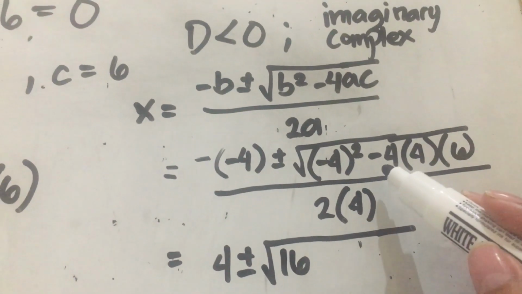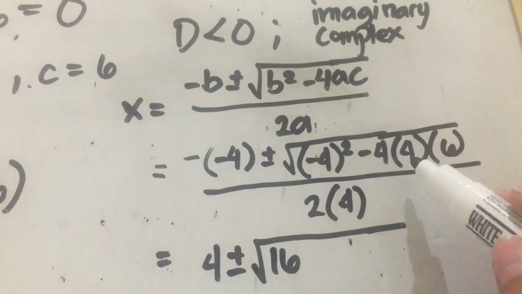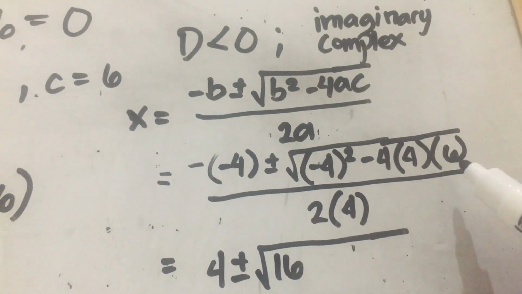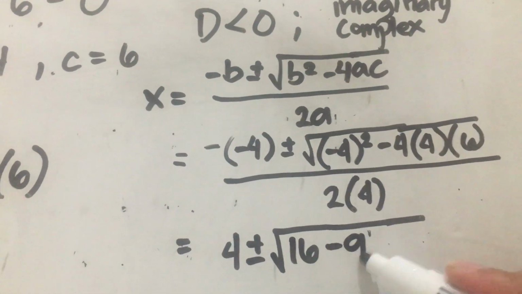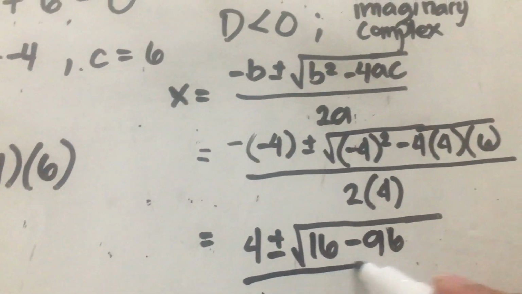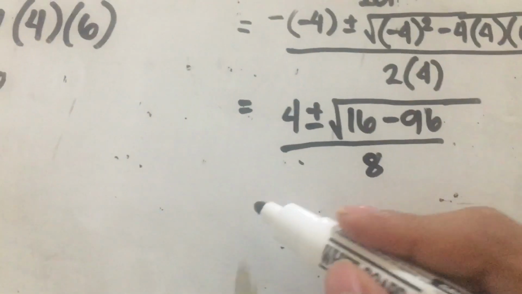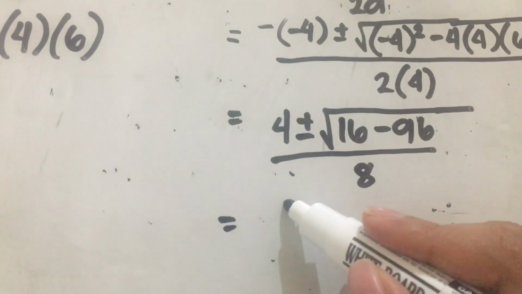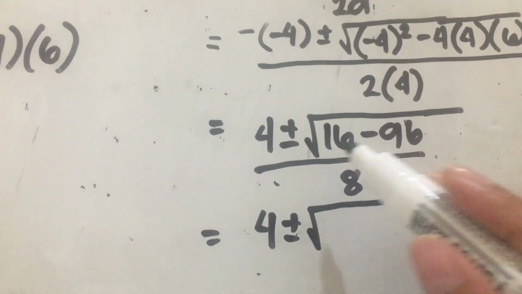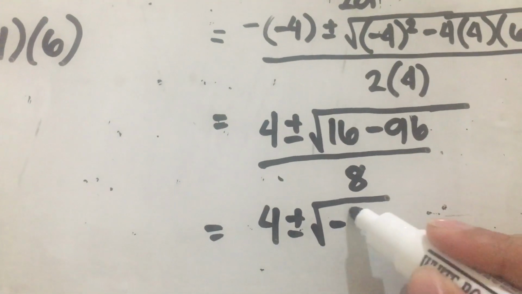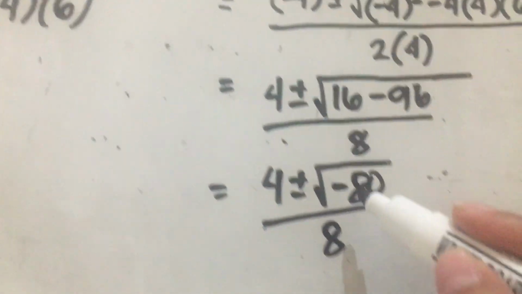Negative 4 times positive 4 is negative 16, times positive 6 is negative 96, just the same as earlier. Over 2 times 4, that is 8. Then we simplify the numbers inside the square root: 16 minus 96 is negative 80, over 8.